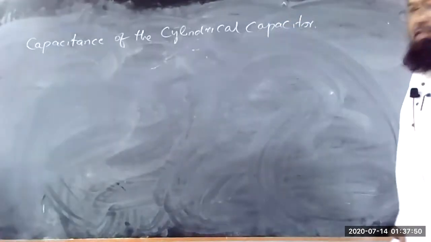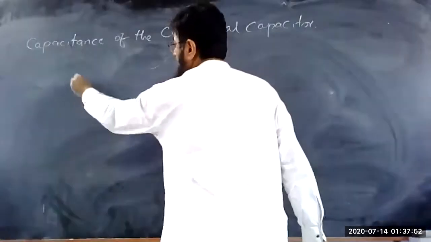So we have a cylindrical capacitor. First कर लेते हैं कि ये हमारे पास एक सिलेंडर है.